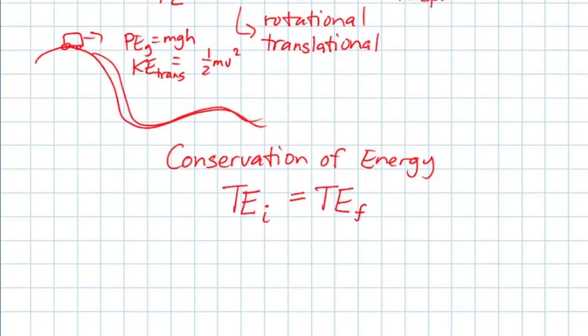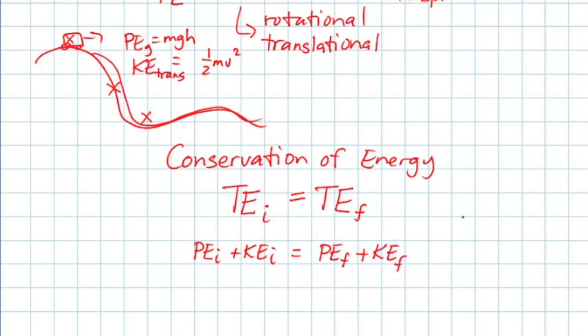So this could be the total energy maybe at the top of the hill, or the total energy at the bottom of this hill, or somewhere in between. No matter what, the total energy, the potential energy initial plus kinetic, will be equal to final potential plus final kinetic.